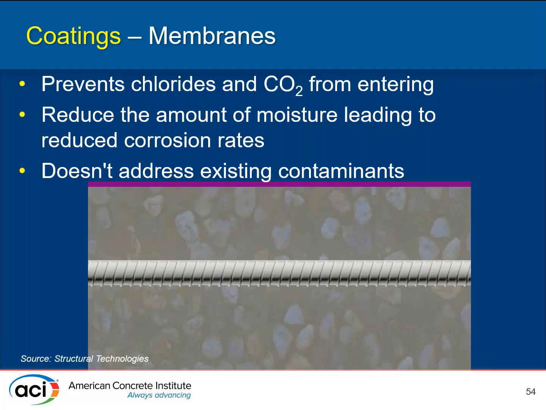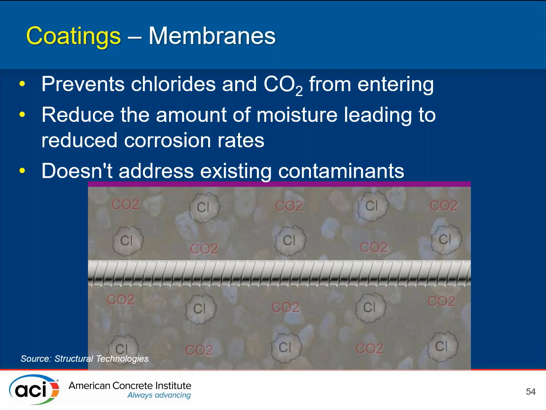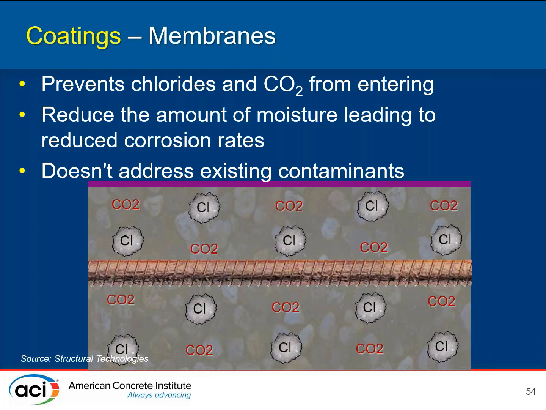But the nice thing about membranes is what they're really doing is they prevent anything from getting in, water from getting in. So it'll prevent chlorides and carbon dioxide from entering into your system. And the nice thing is, even though it doesn't address the existing contaminants, they're still there, it can, given time, reduce the moisture that's in your existing concrete, and that can lead to reduced corrosion rates.